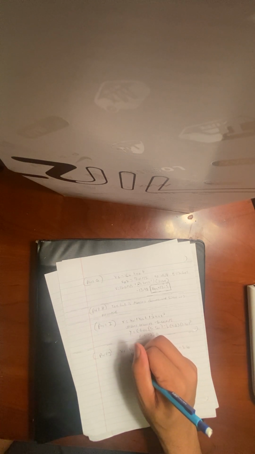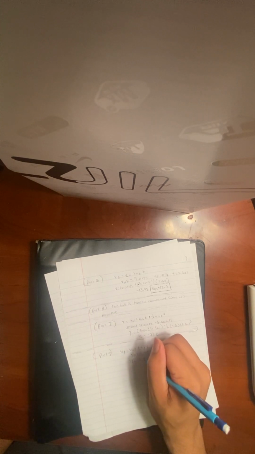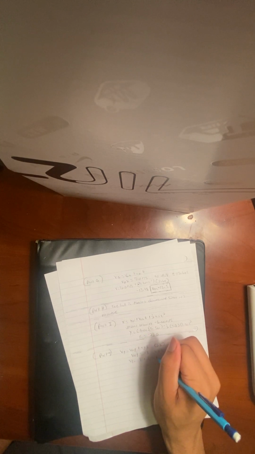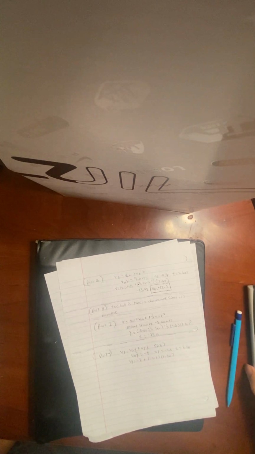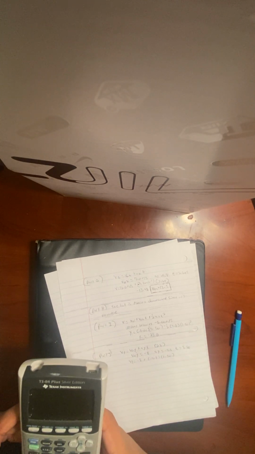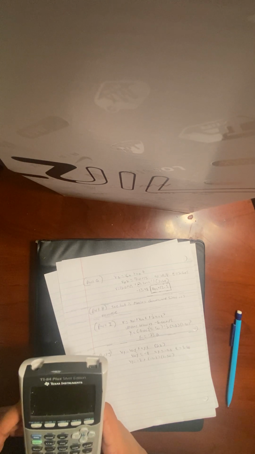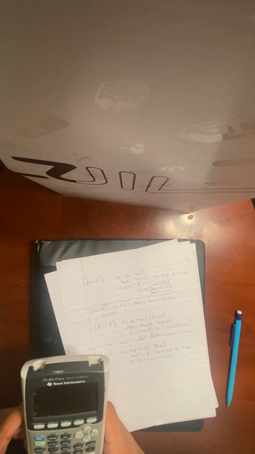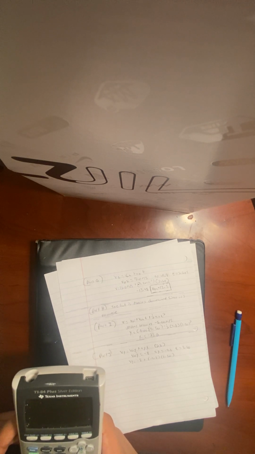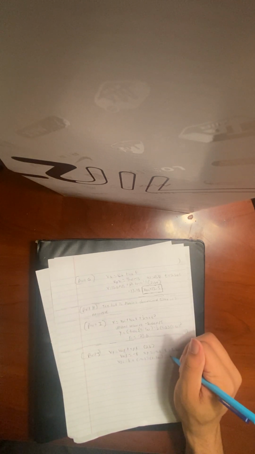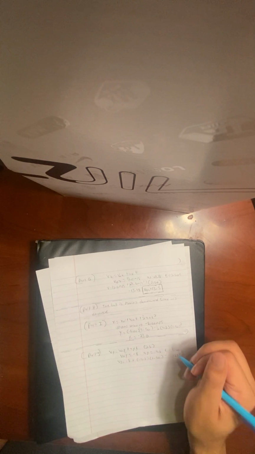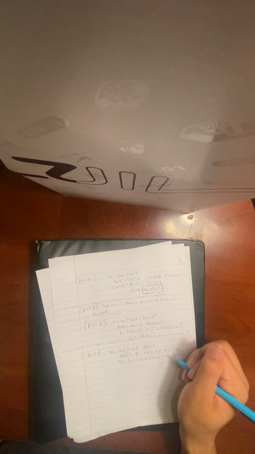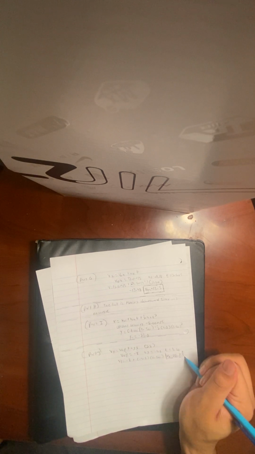We get Vy equals -8 plus -9.8 times 1.50. Let me solve this with my calculator. So -8 plus -9.8 times 1.50. Okay, yeah, so our answer will be -22.7 meters per second, and that will be V1y. So that'll be your answer.